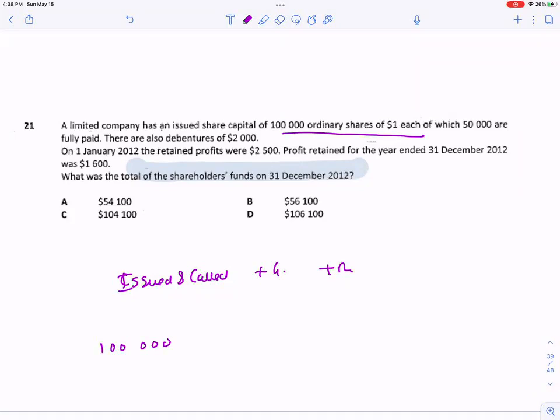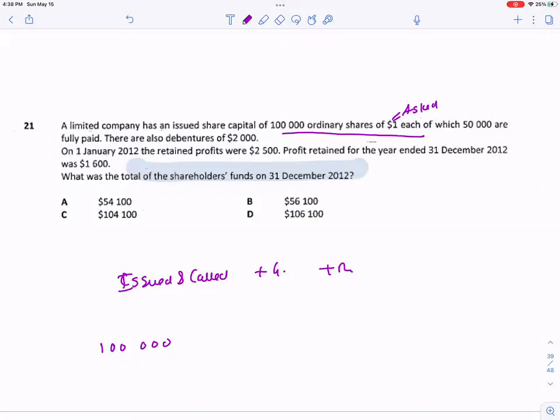But you have called up for the full 100,000, right? You have asked for the full $1, but half of them paid you, so that is not your concern. What you call up is your capital.